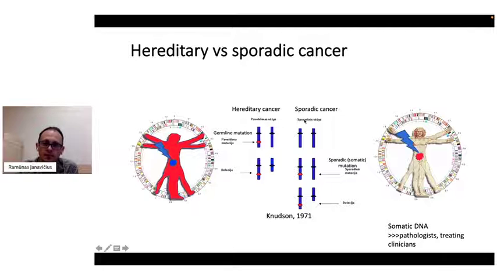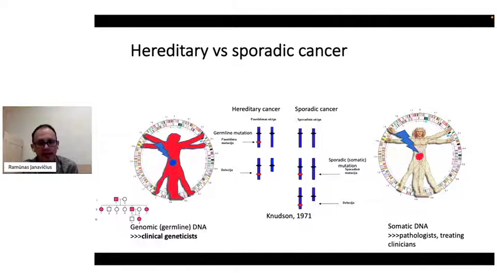And if we look at the y-axis, time, it's obvious that progression of inherited cancers is faster than sporadic, and that's the main explanation why we usually see a slightly earlier age of onset in these types of cancer.